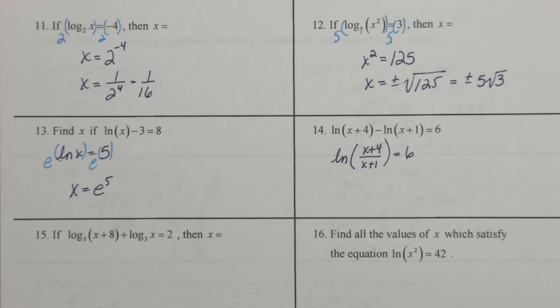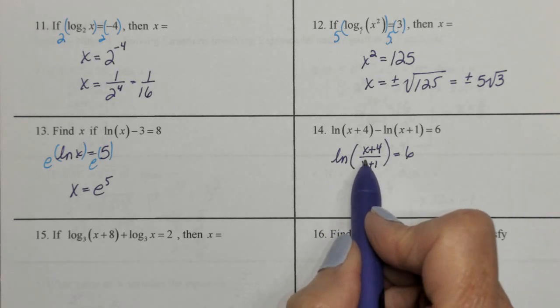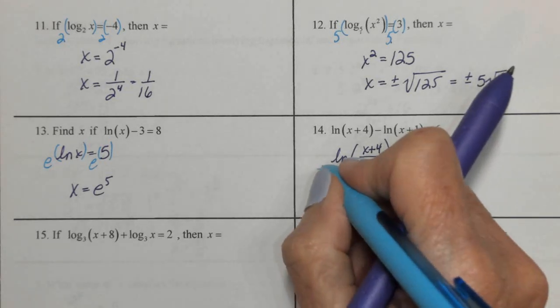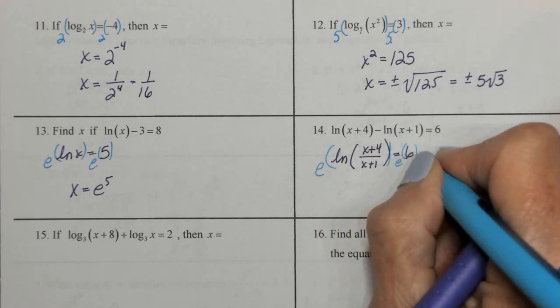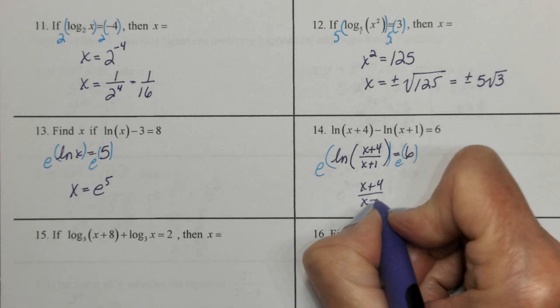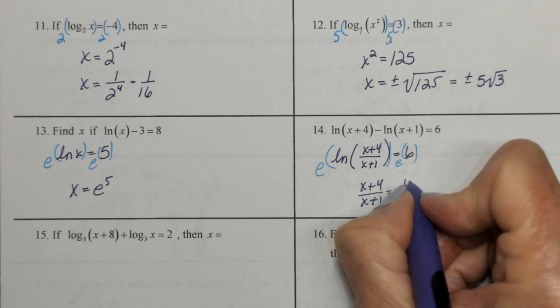Okay, so now this is good. I have my natural log isolated, so I'm going to e to both sides. So I have (x plus 4) over (x plus 1) is e to the 6.